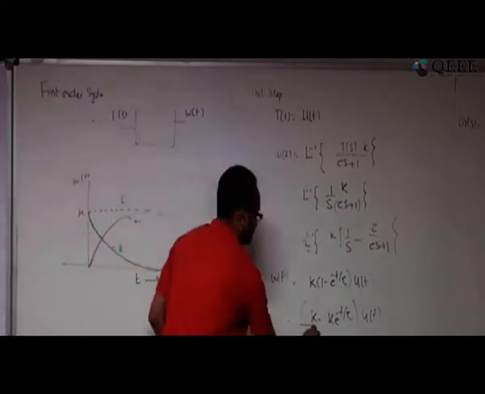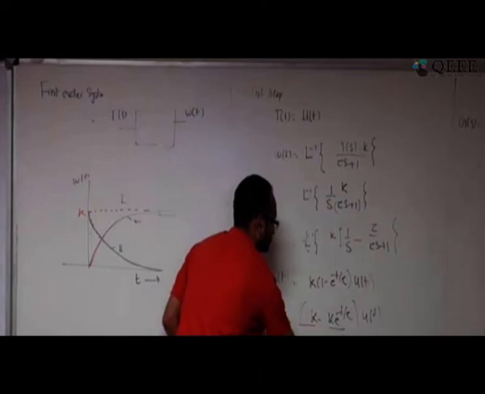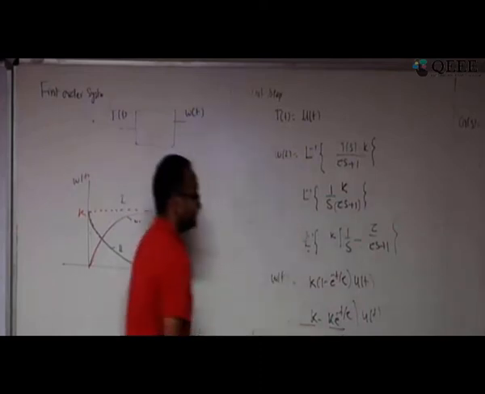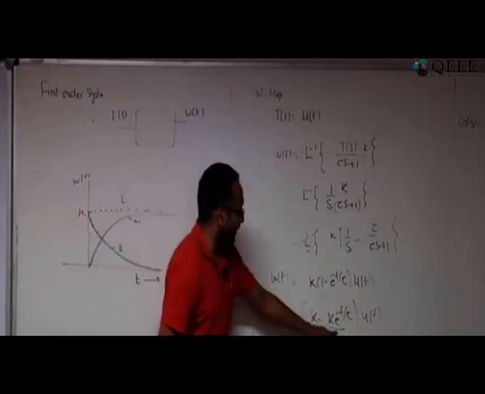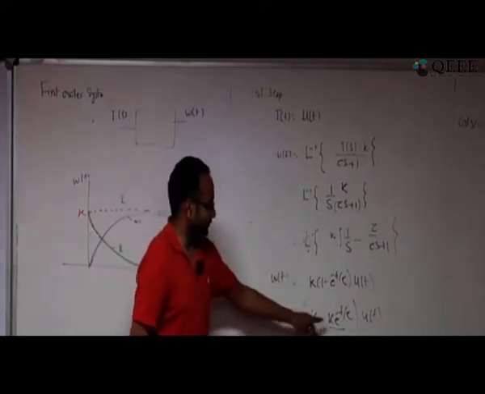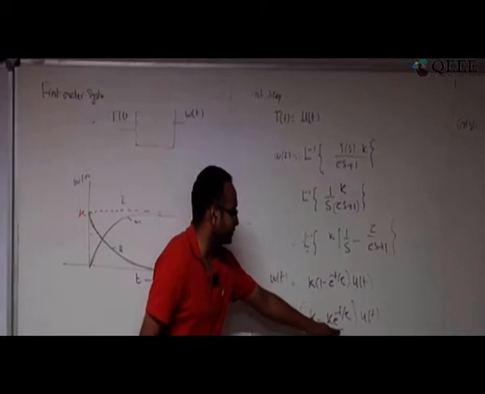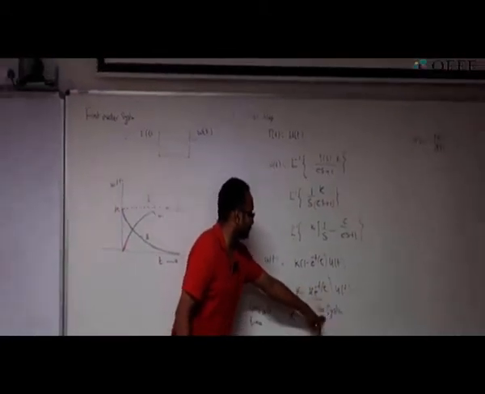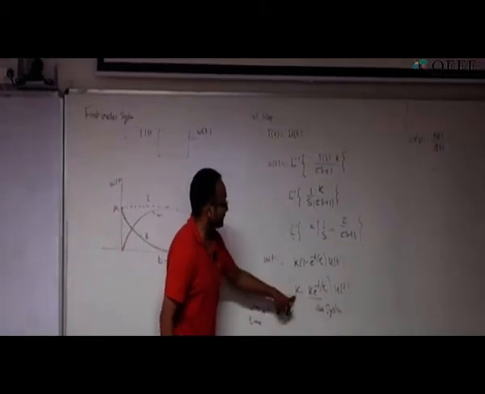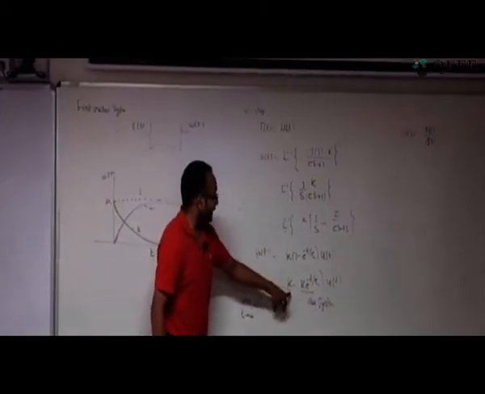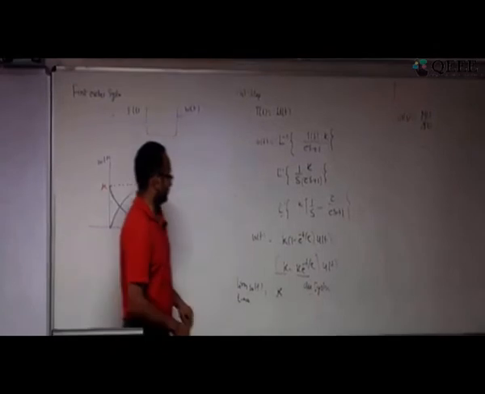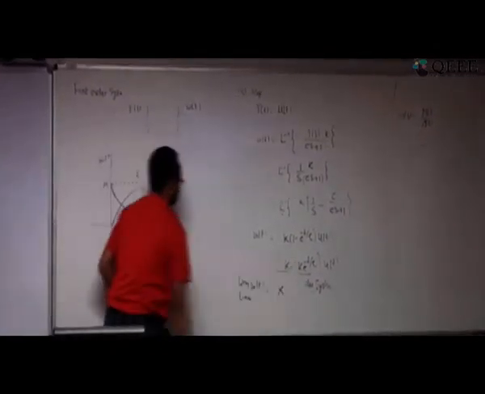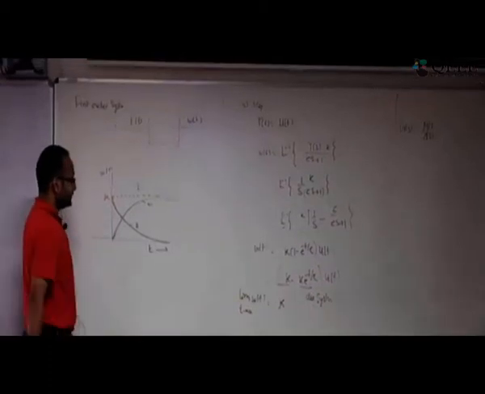Another aspect you can look at: as I mentioned yesterday, this term is due to the system, because of the system pole, and it corresponds to the transient phenomena. The other component is because of the input, and I call that the steady state phenomena. So this initial part is because of the second term.